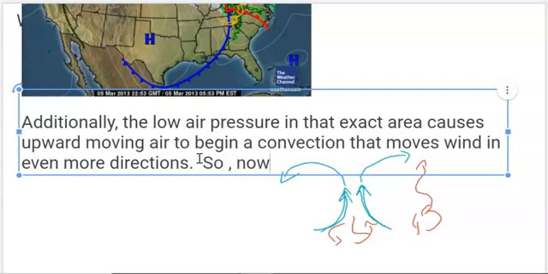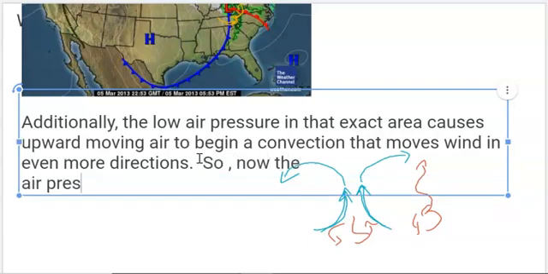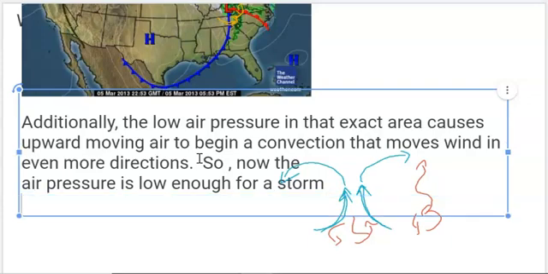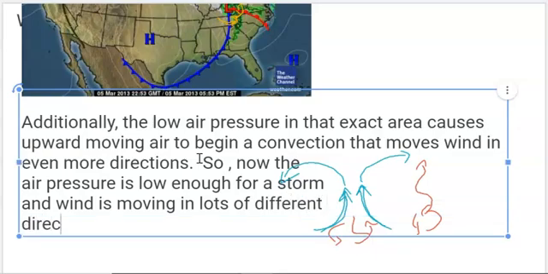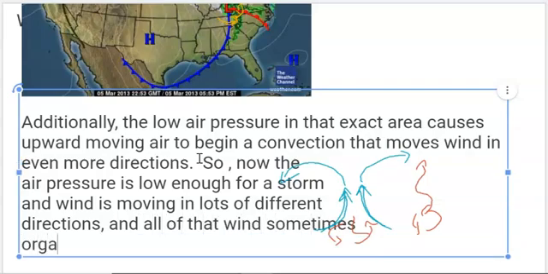So now the air pressure is low enough for a storm, and wind is moving in a lot of different directions, and all of that wind sometimes organizes into a tornado.